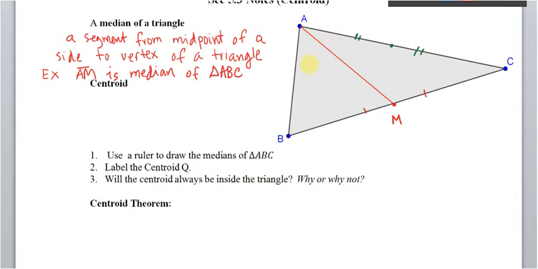Then if I draw a straight line segment, let's call this point here N, from this point through B, that would give me another median. I've drawn in this green line right here from the midpoint N through the vertex B. So we can say that NB is also a median.